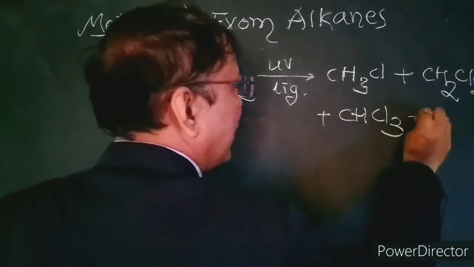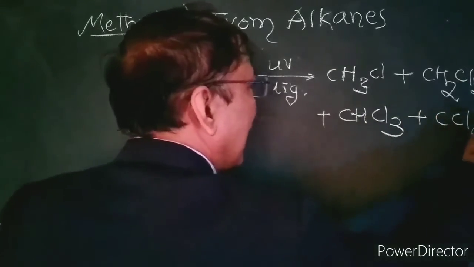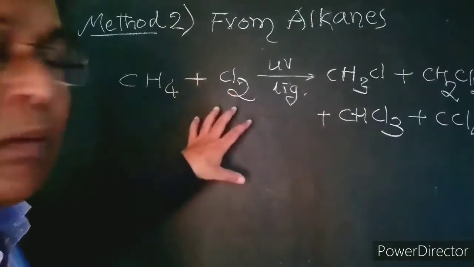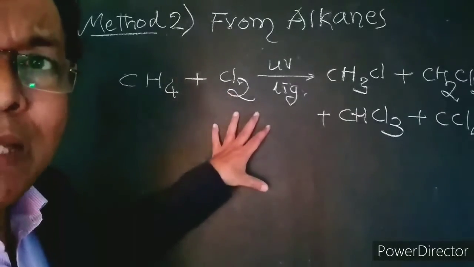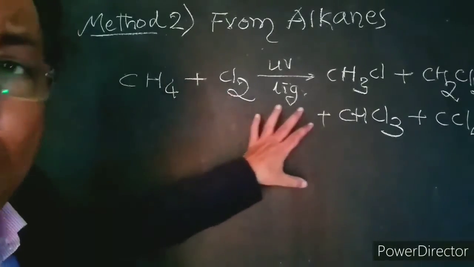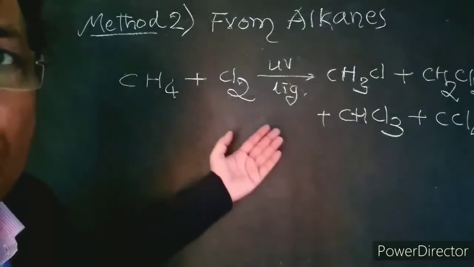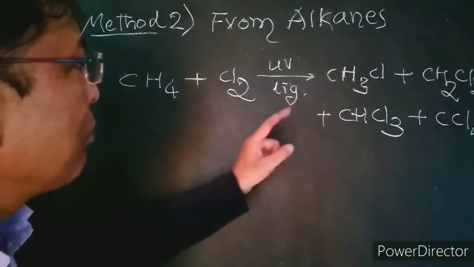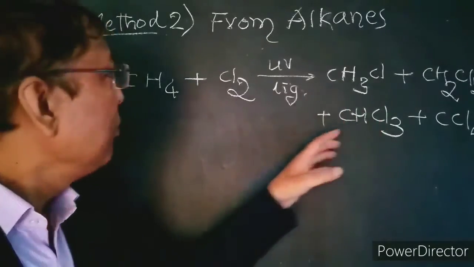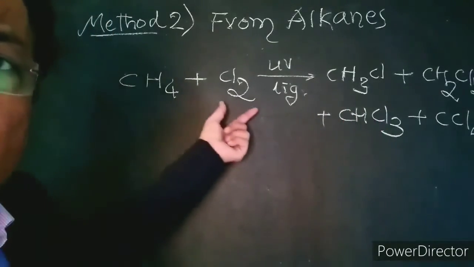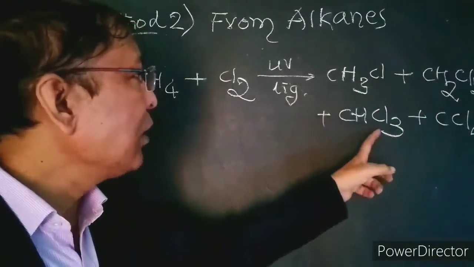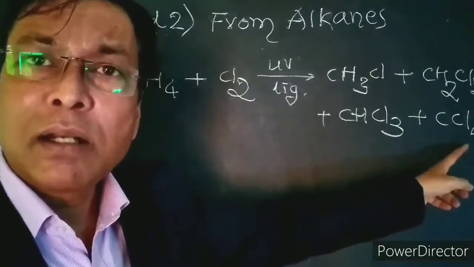Therefore, this method is not suitable to get a particular haloalkane, because when methane is reacted with chlorine, we get chloromethane, dichloromethane, trichloromethane and tetrachloromethane.